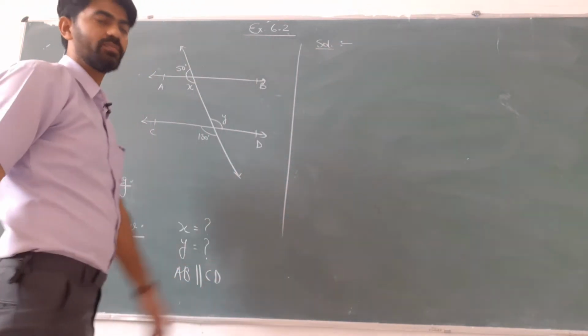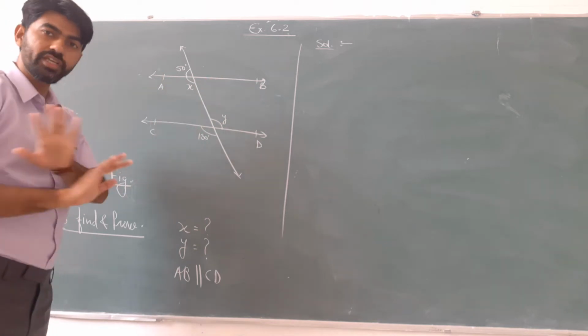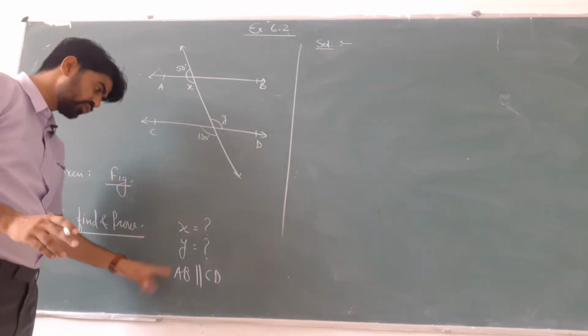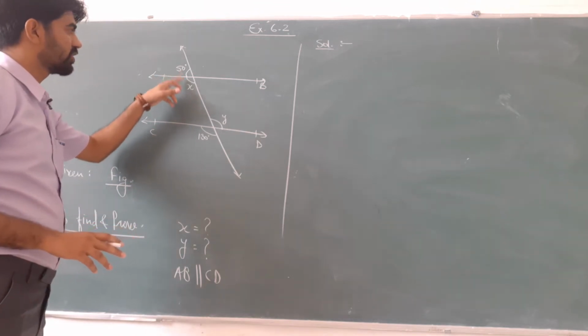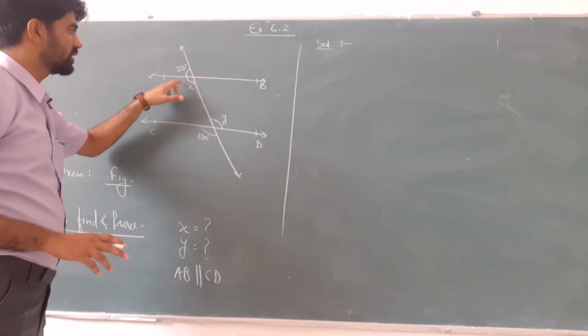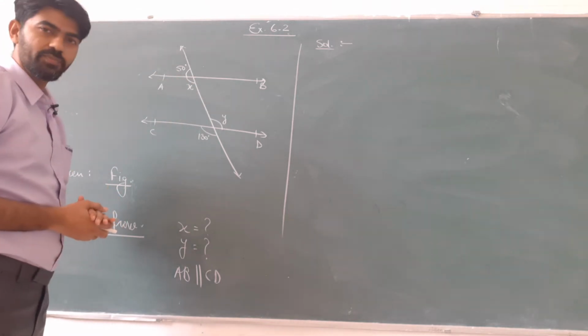This is solution cum proof. Look here. These lines are not given parallel. We have to prove them to be parallel. So we will focus on these two. They are forming a linear pair.